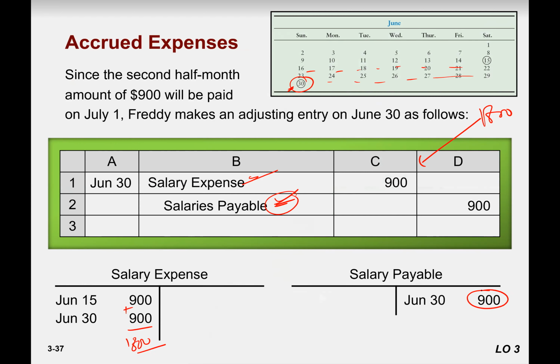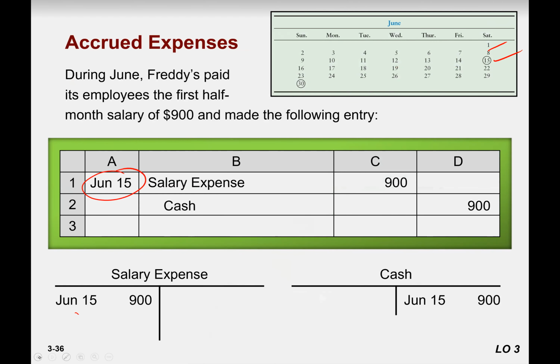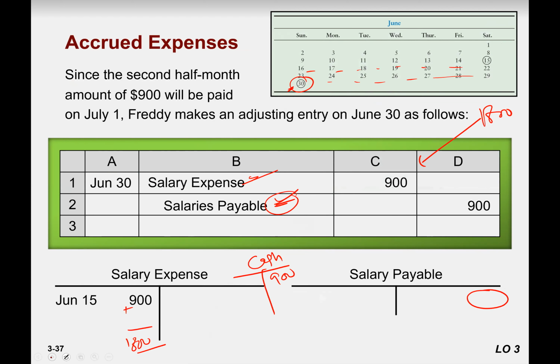But 900 you already paid in cash, from our previous slide here. See? But the other 900 you still need to pay. So that's why we create salaries payable. Understand?